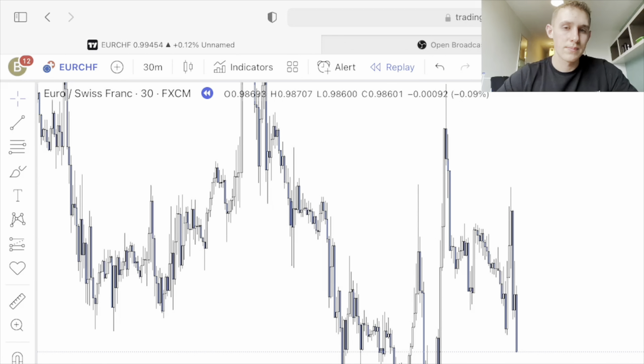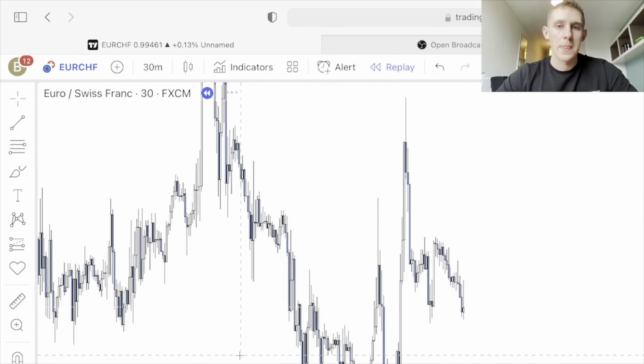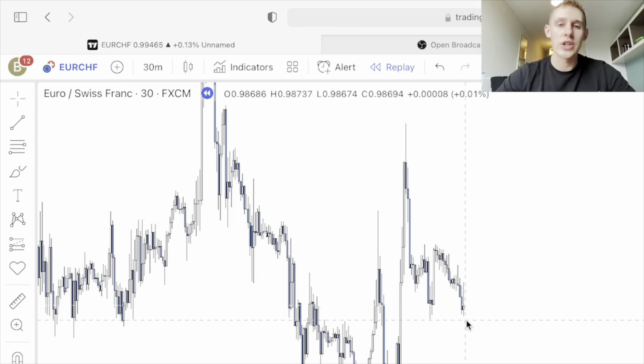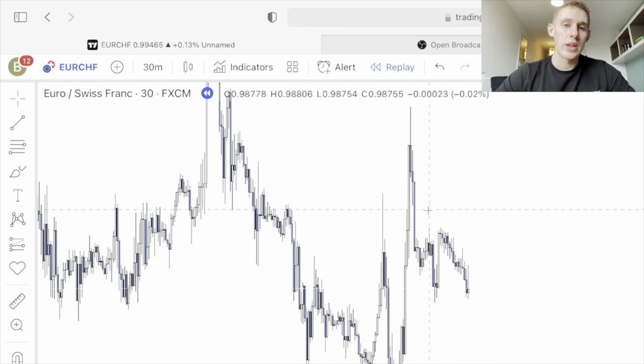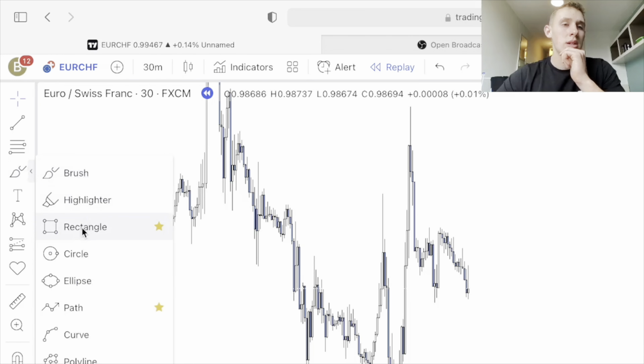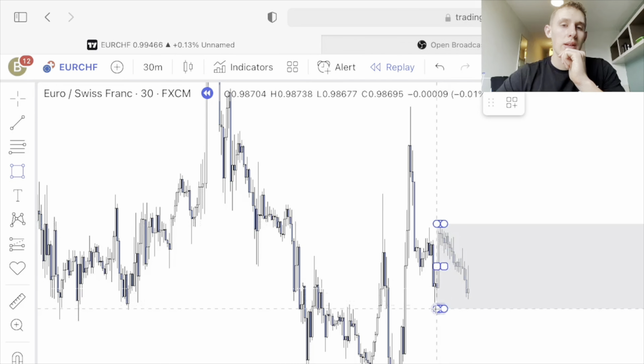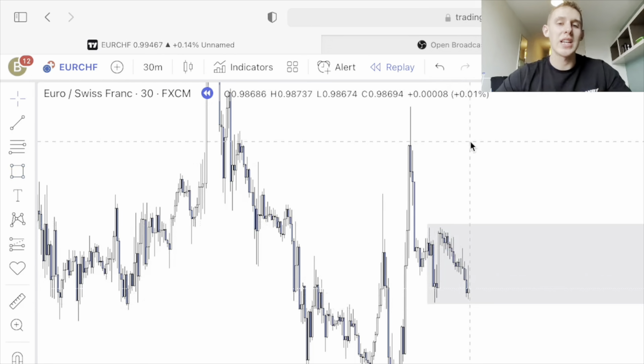Right, so I'll go through the full trade in a bit, but first of all, we will just identify where the Asian range is. So notice the timing. This is the Asian open. This is around about the Asia close at 7 AM. So this whole area here is basically the consolidation that happens during Asia session.